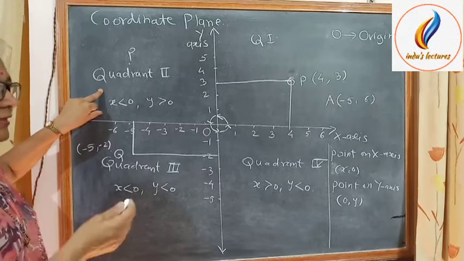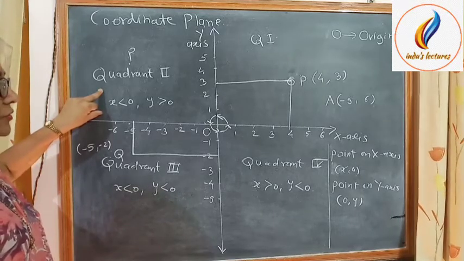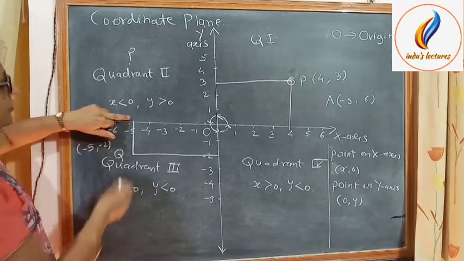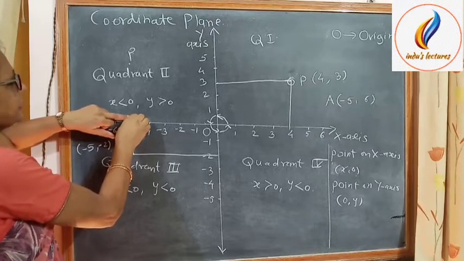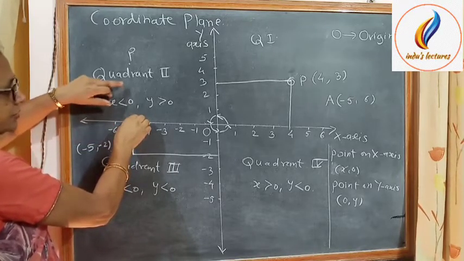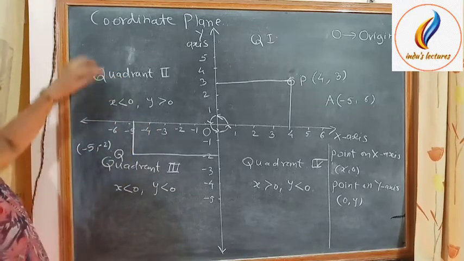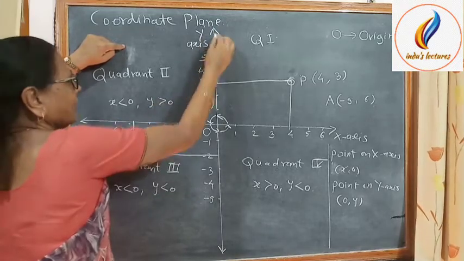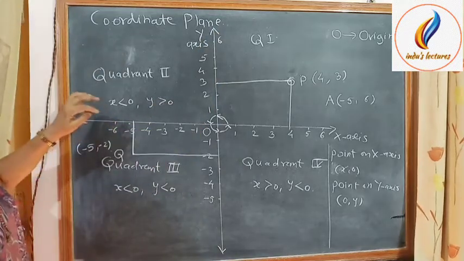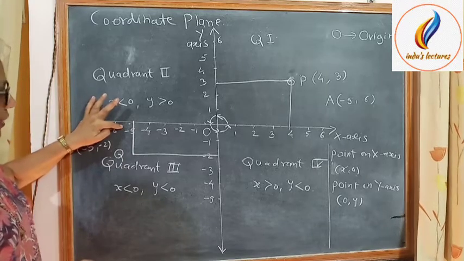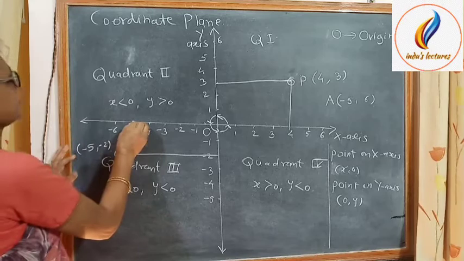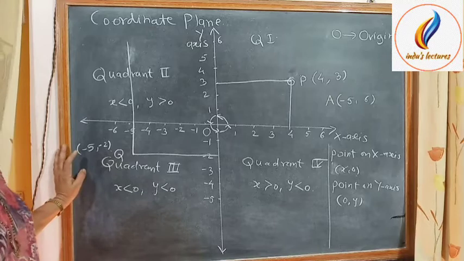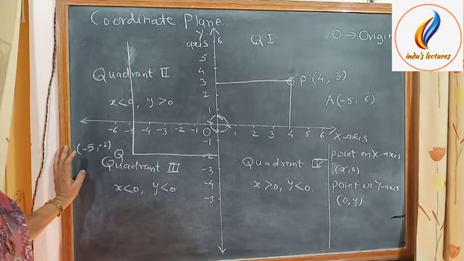Now, what is exactly its position? So consider its x coordinate. X coordinate is -5. So we can consider the distance. Y coordinate is +6. That means consider +6 on the y-axis. Draw the perpendicular line from the x-axis at a distance -5, and the y coordinate of the point is +6.